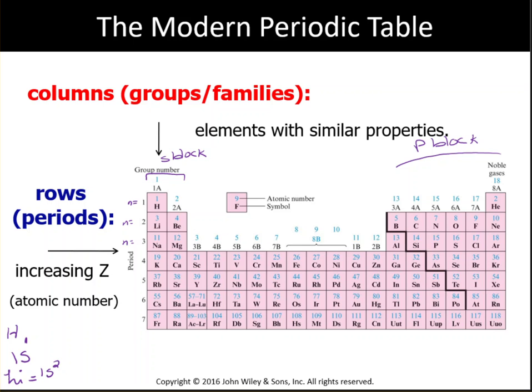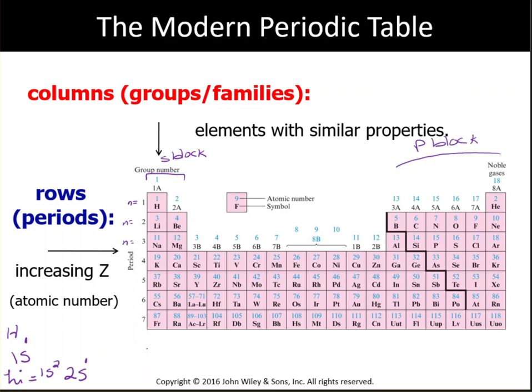In order to get to lithium, you have to pass through period 1, hydrogen and helium. Now lithium is in period 2. Lithium is an s block element, and lithium is the first element of the s block elements. So that's the electron configuration of lithium, 1s2 2s1.